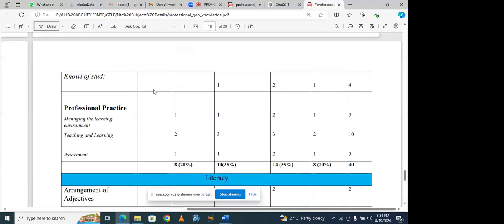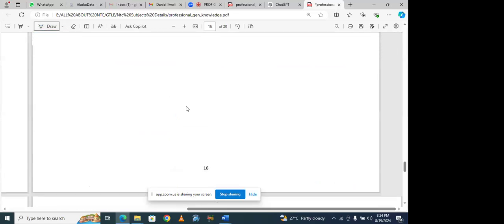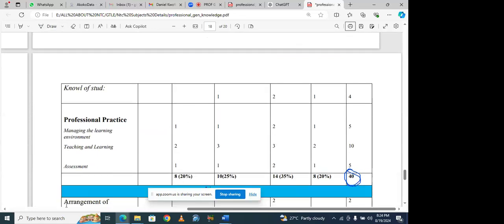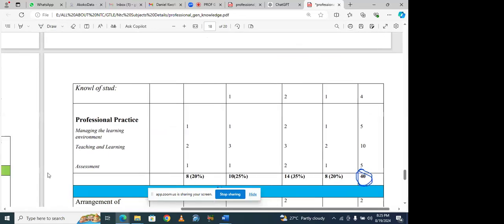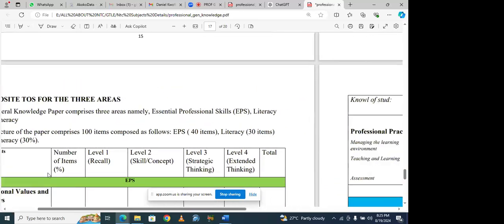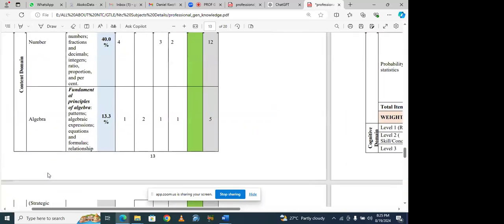Also, essential skills will take 40% of the marks. Have you all seen that? Are we together? So this tells you that numeracy will also take what percentage, please? 30%. So that is the first thing for us to know.